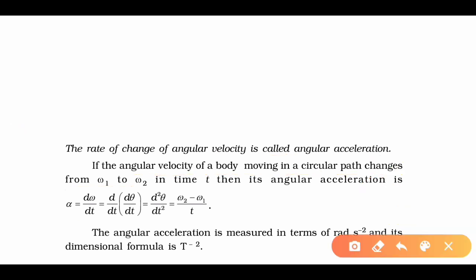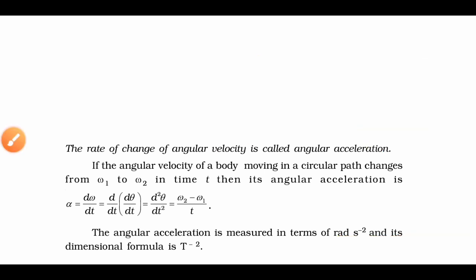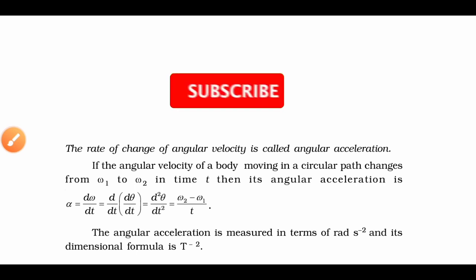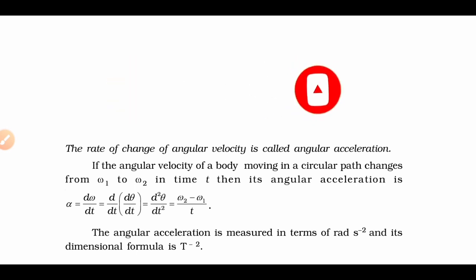So alpha will be equal to d square theta upon dt square. And we can write it as omega 2 minus omega 1 upon t. The angular acceleration is measured in radian per second square, and its dimensional formula is T raised to the power minus 2.